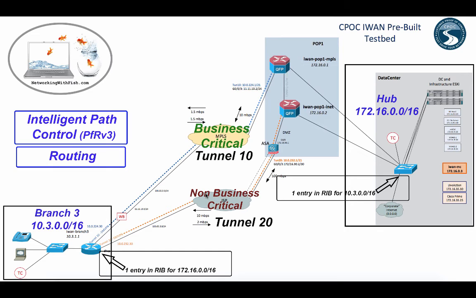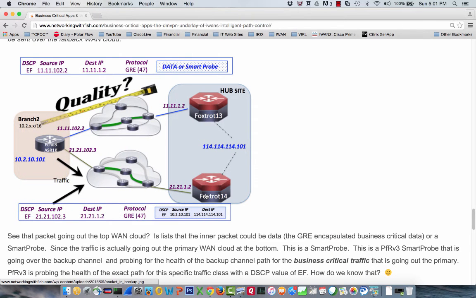What we don't want to do is have 5% loss on the business critical traffic over on the MPLS and just jump from the frying pan of 5% loss on the primary link into the fire of I have absolutely no idea whether or not I can even get to 172.16 from here.